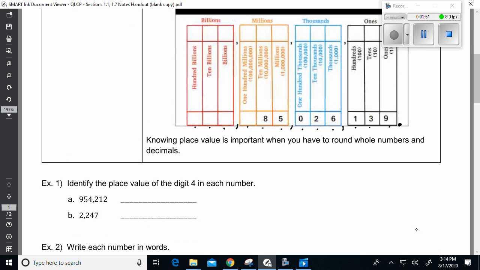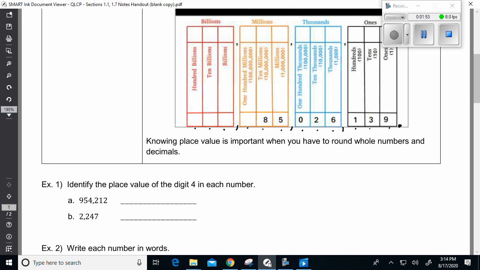So to start out very, very basic, identifying the place value of the digit 4 in each number. So you have 954,212. So if we were to line up 954 with the place value chart, we would have 9, 5, 4, 2, 1, 2. Notice that the 4 lines up with the thousands place.